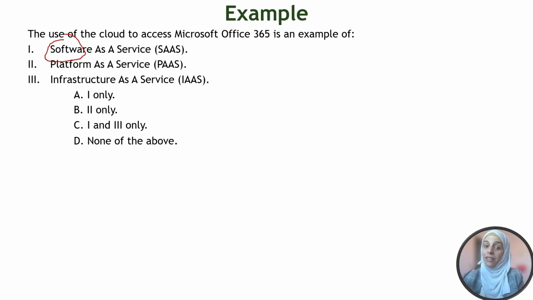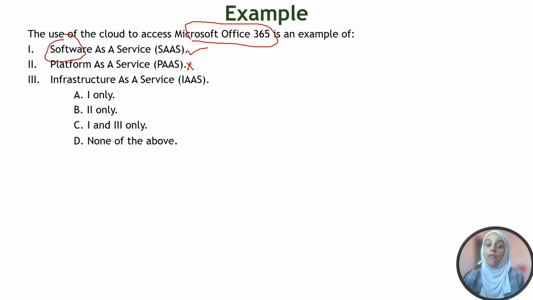So it will provide absolutely the Microsoft Office 365. So this is the correct answer. Platform as a service helps you create a platform, create a software, create a program. Okay, so this is incorrect. While the software as a service gives you access to the software without having to buy it directly. Okay, this is the difference between both.